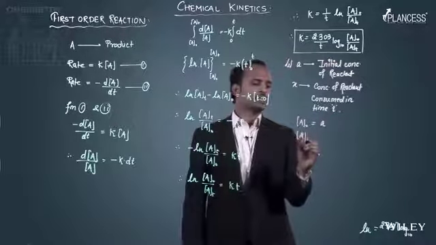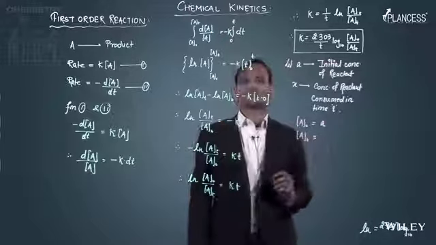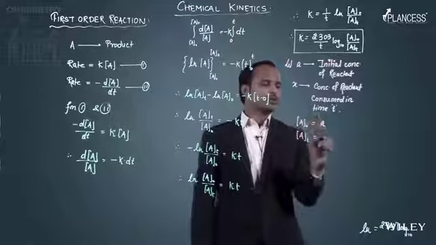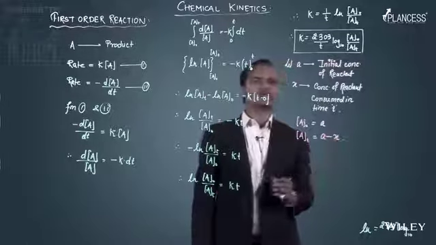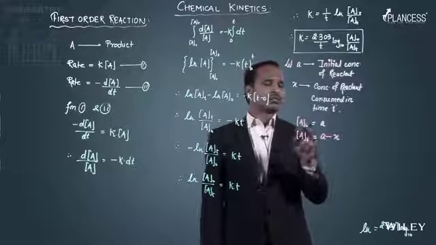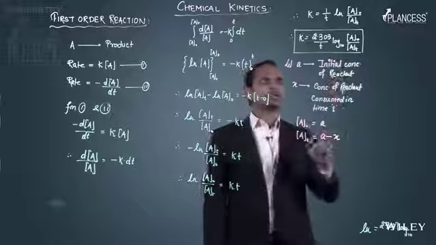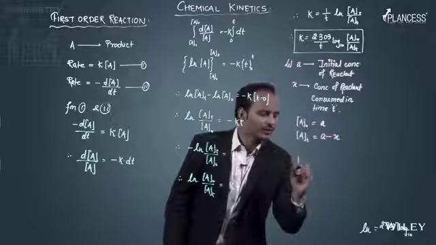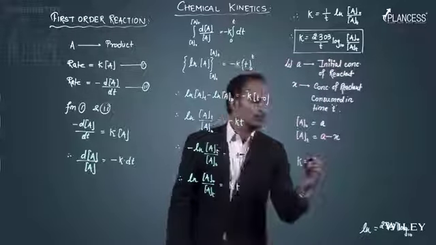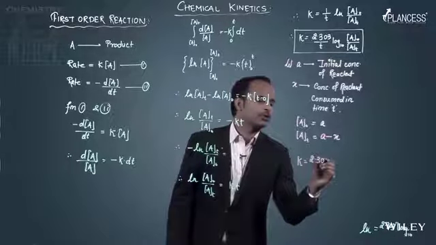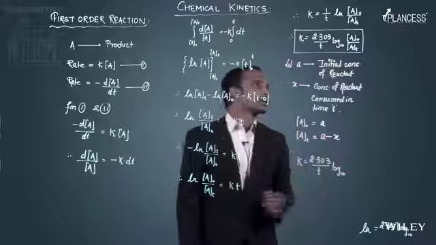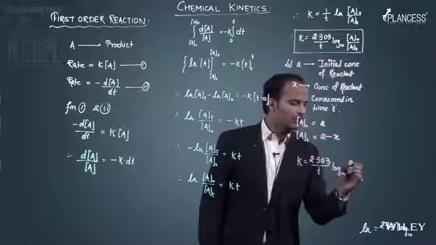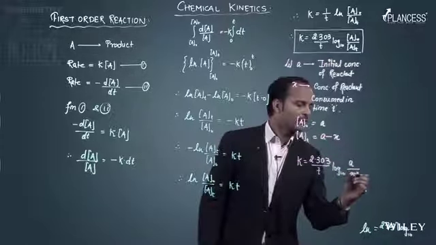What is At in this case? At is the concentration left after time t. So initially the amount taken was a, out of which x is consumed. So the amount left is a minus x. So instead of A naught and At, we can write k is equal to 2.303 upon t log to the base 10 of small letter a upon a minus x.